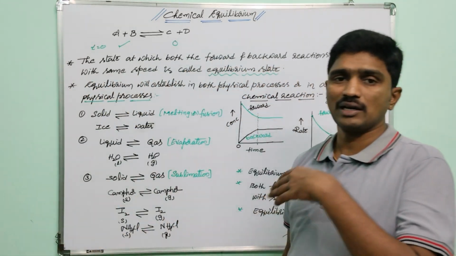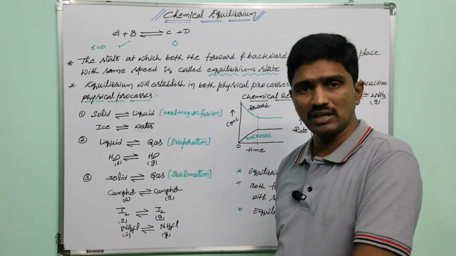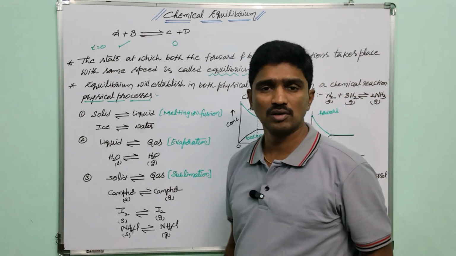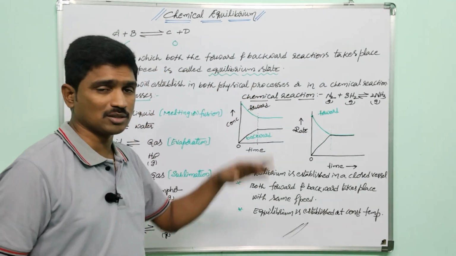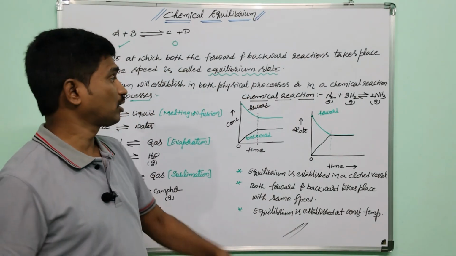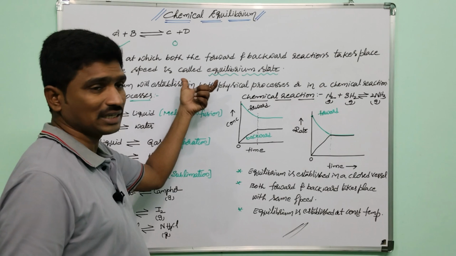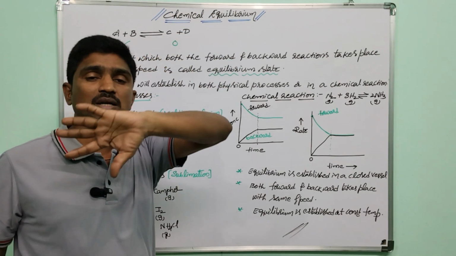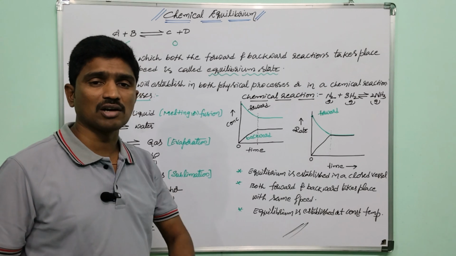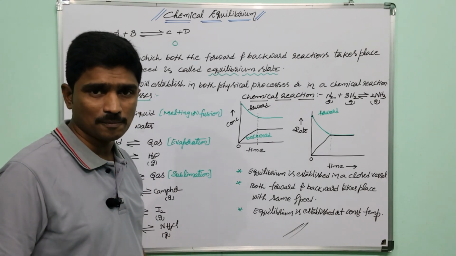Nothing but reaction, reversible reaction, irreversible reaction. Examples for reversible, irreversible. A reversible reaction is nothing but a two-directional reaction in which an equilibrium will be established. An equilibrium is nothing but the state at which both the forward and backward reactions take place with the same speed.